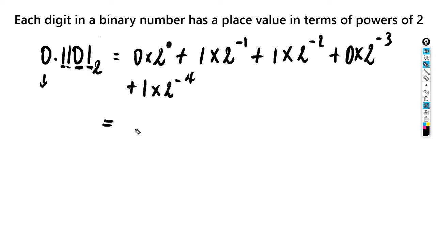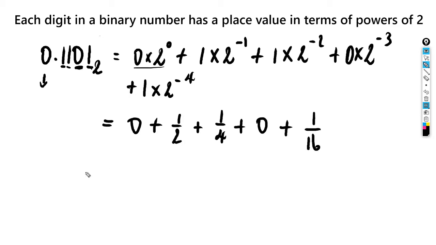So this would be 0, plus 1 times 2 to the negative 1, which is a half, so it's 1 over 2, plus 1 over 4, plus 0, plus 1 over 16.